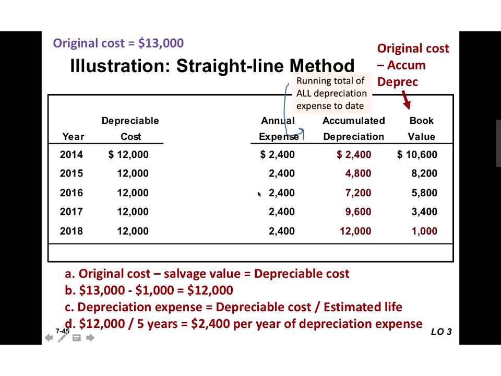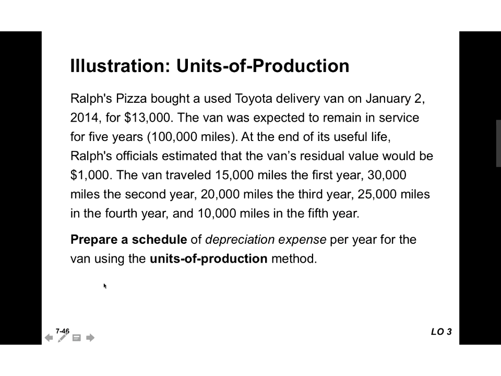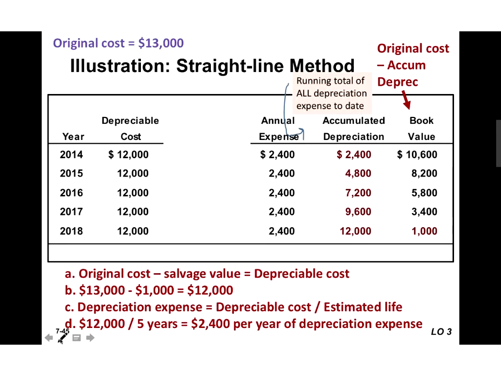So what we're going to see in 2014, okay, we have just the 2,400, okay? But for 2015, we have last year's 2,400 plus this year's 2,400.